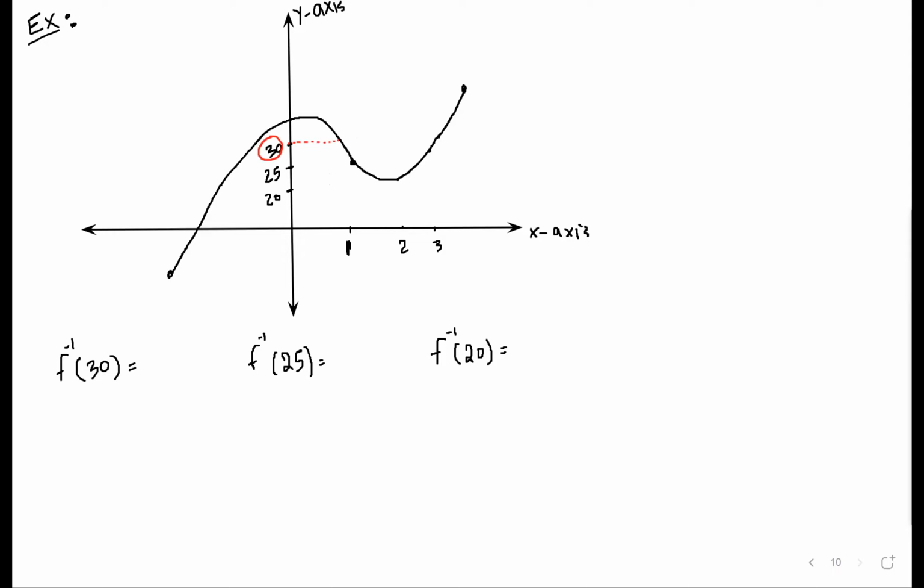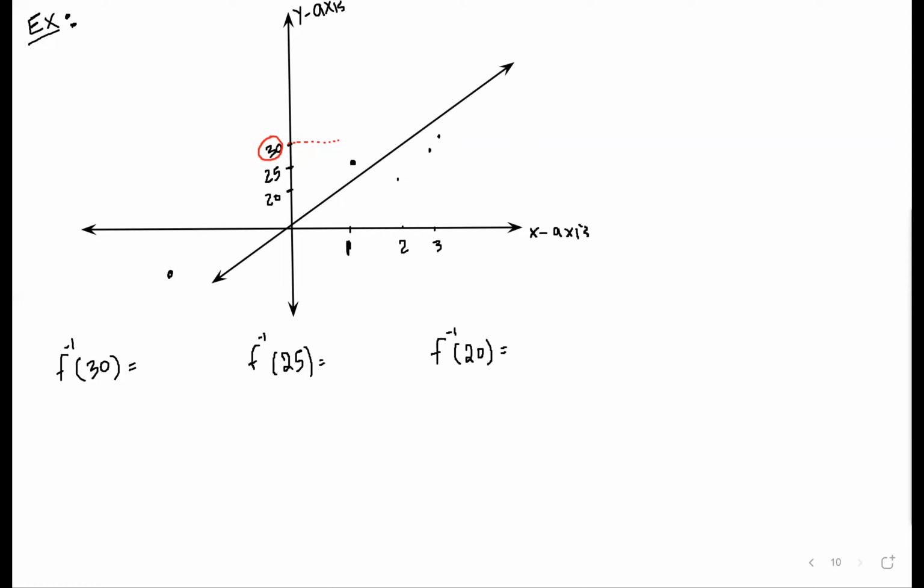Let me change it. Because to find the inverse, we have to get a function that is 1 to 1. So this is my function. This function, the graph is 1 to 1. Why? Because it passes the horizontal line test.